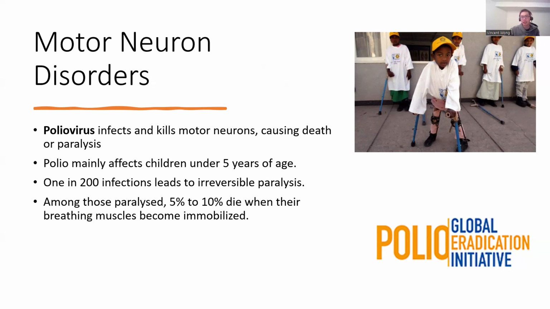Actually, as early as 1988, there was something called the Global Polio Eradication Initiative, or, oh, it's right here, GPEI. You can look them up. That was launched, and polio was present in more than 125 countries at the time. Okay, and some estimates say it was paralyzing as many as 1,000 children per day.